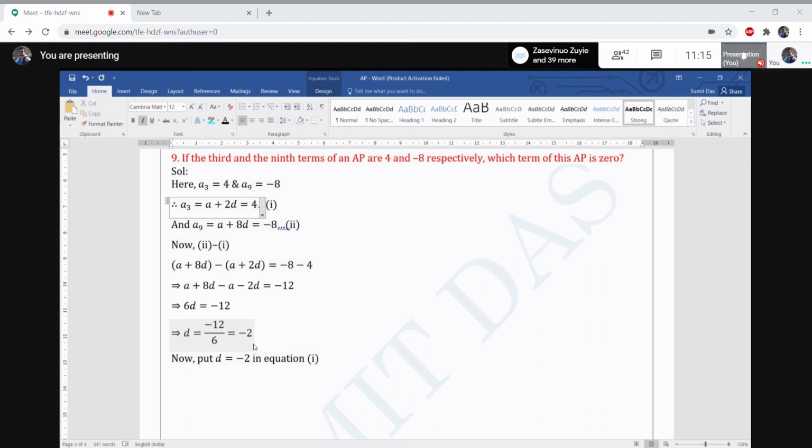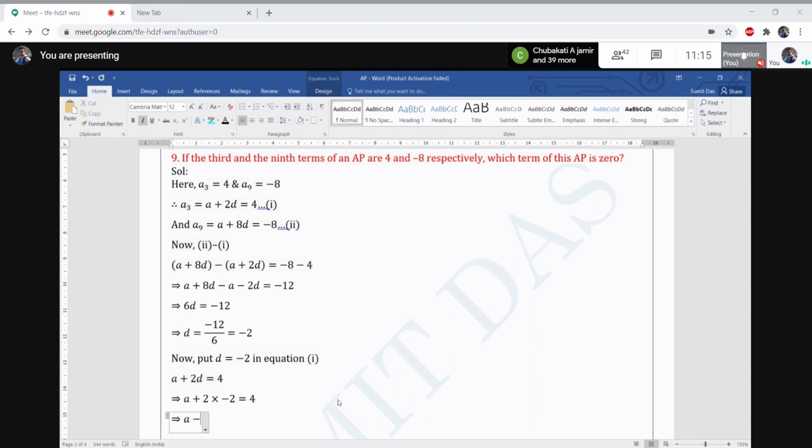Now put D equal to minus 2: A plus 2 into minus 2 equal to 4.